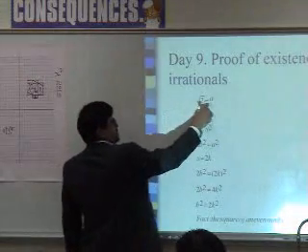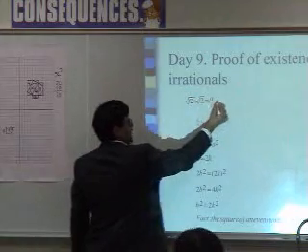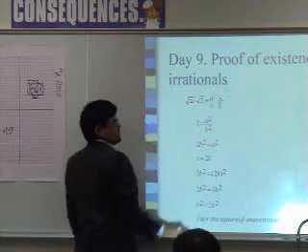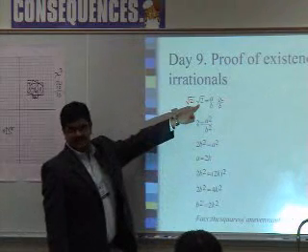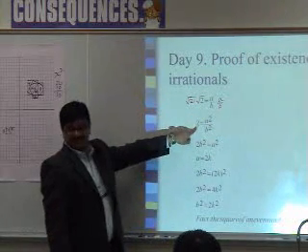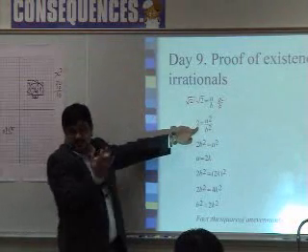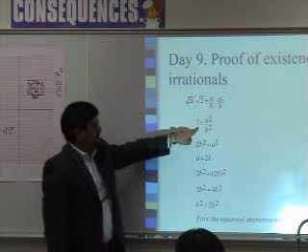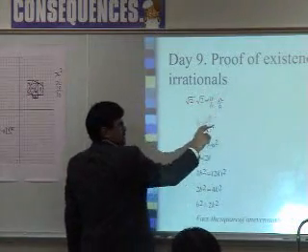If you square both sides, you get the square root of 2 times the square root of 2 equals a over b times a over b. Remember that the square root of 2 is the number that when you multiply by itself, the answer is 2. There it is. That's what we were talking about all these days, right? A over b squared gives you a squared over b squared.